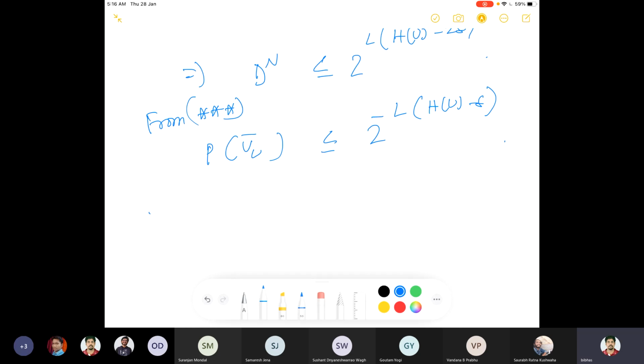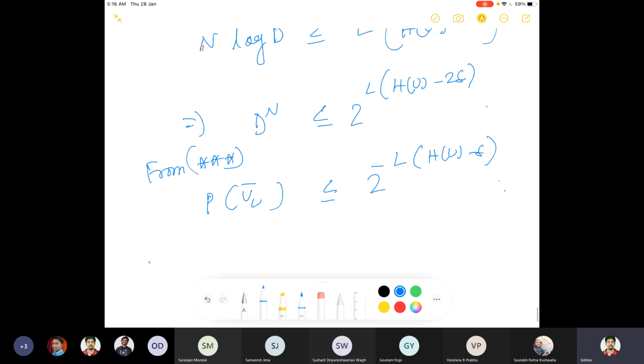And D to the power n is less than or equal to this. Then what can we say about the overall probability of all the sequences in the typical set? That is, what is the probability that we can provide a separate code word for each of the elements of the typical set?